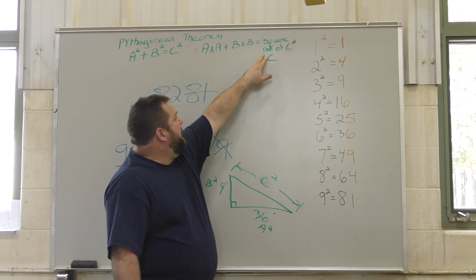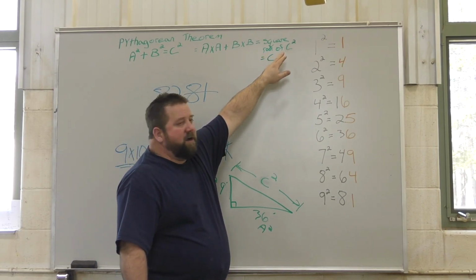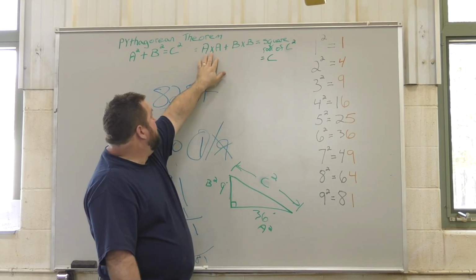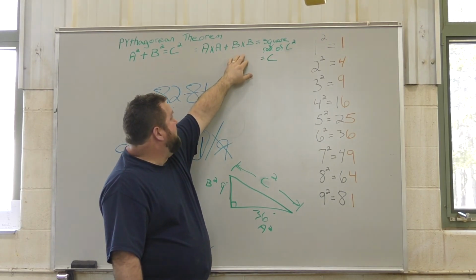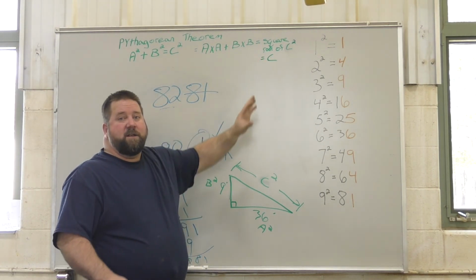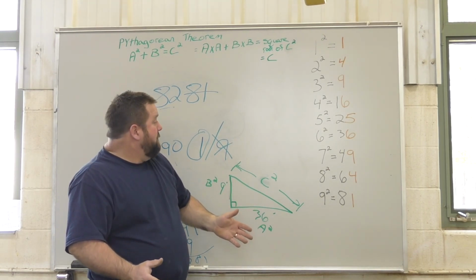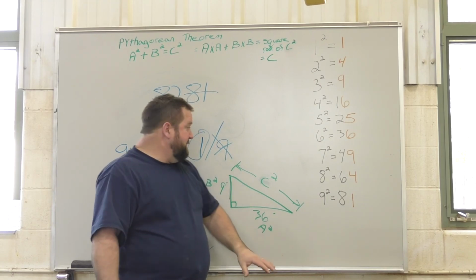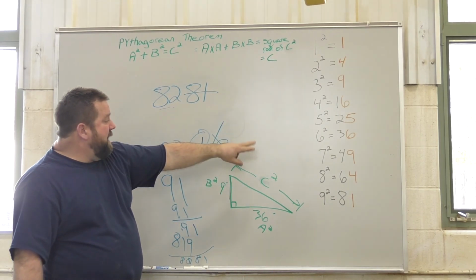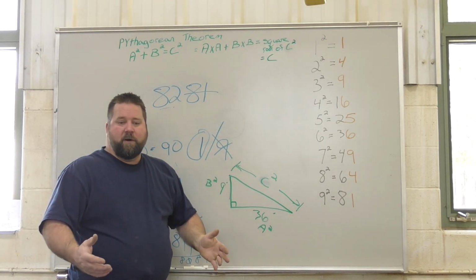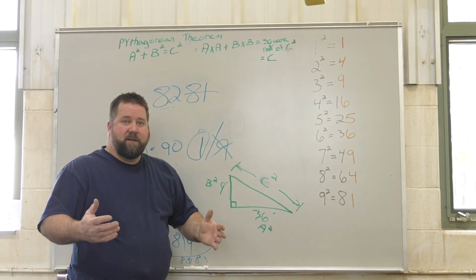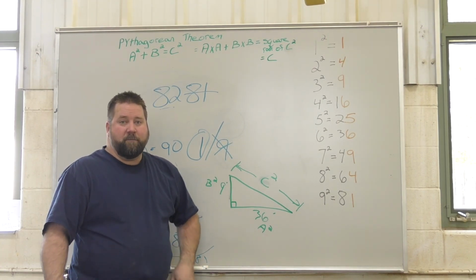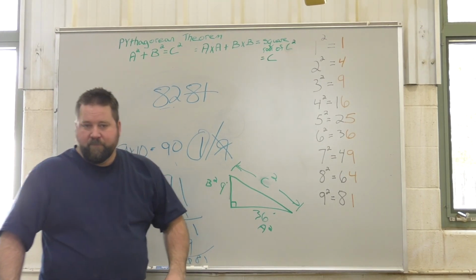But we need to find the square root of c squared, and using this method for a whole number makes things just a little bit simpler. I hope it helps. Thank you, guys.